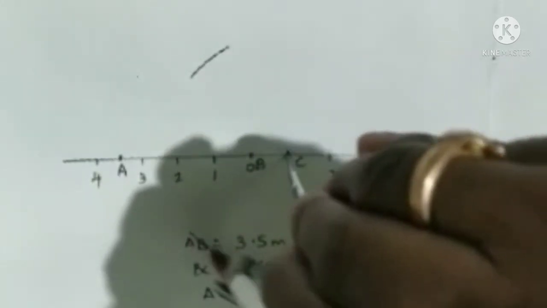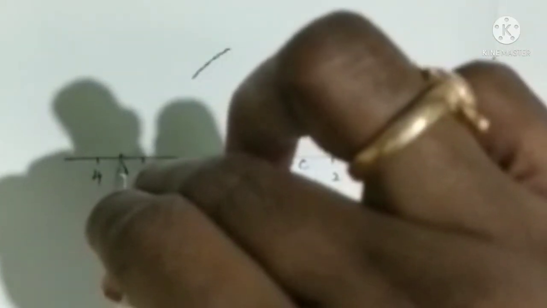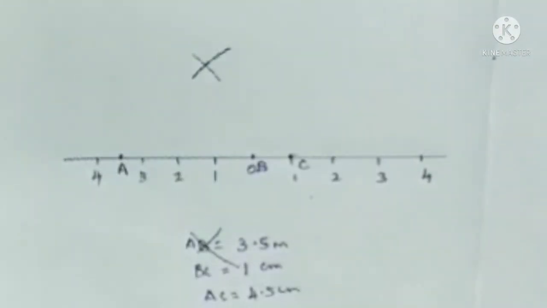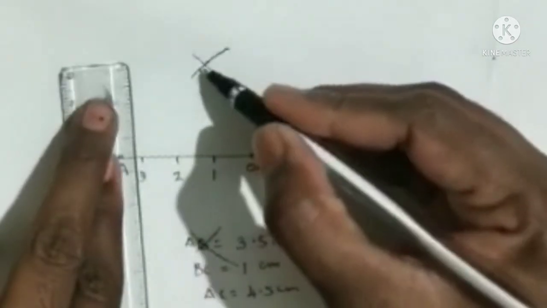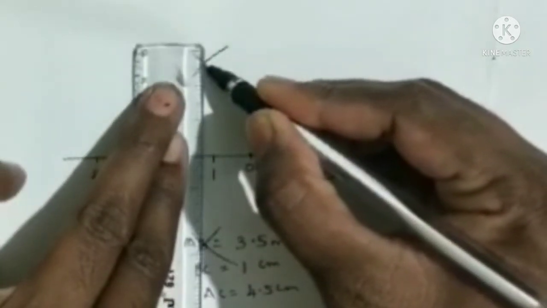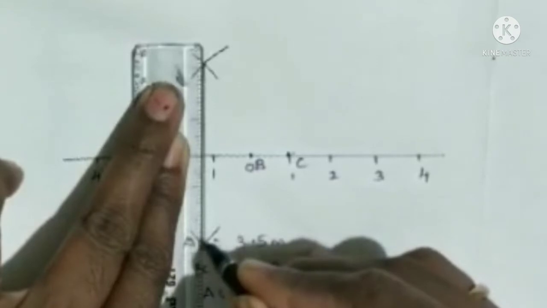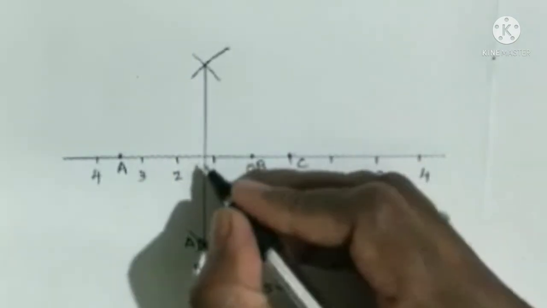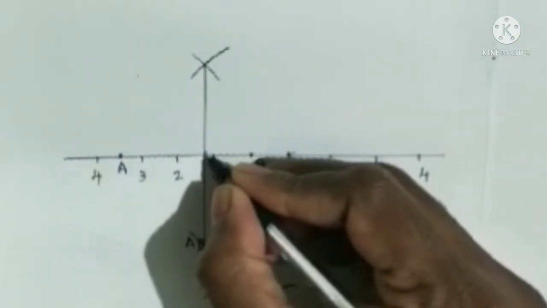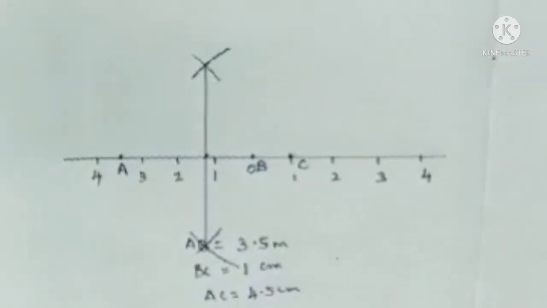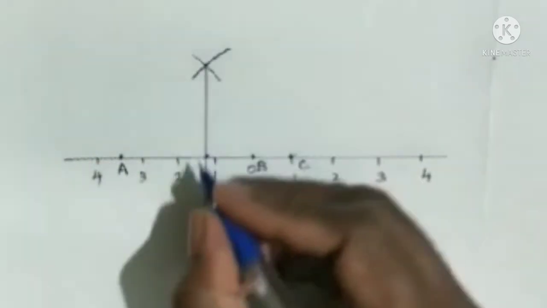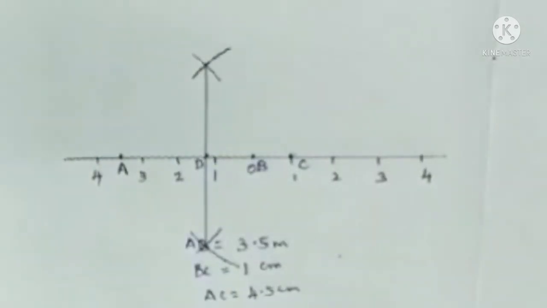One arc above and one arc below, again with the same measurement, marking from point A. Then cut the arc, bisect, join the intersection points. That bisects, so you make the point D.